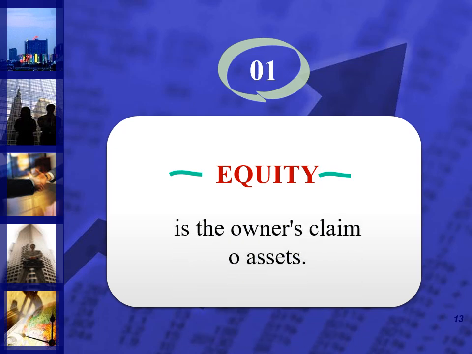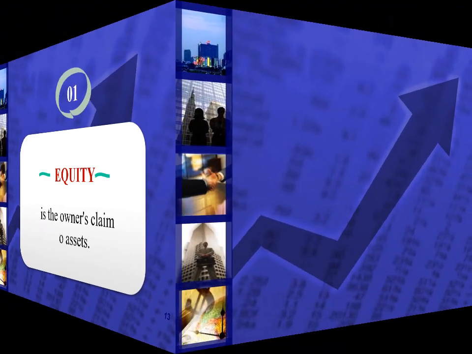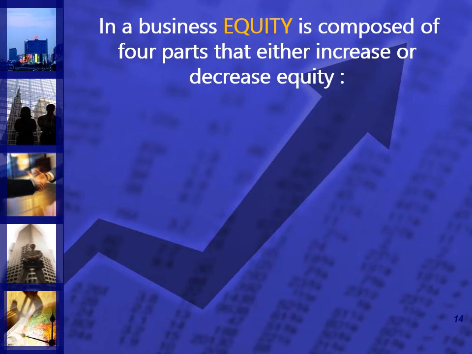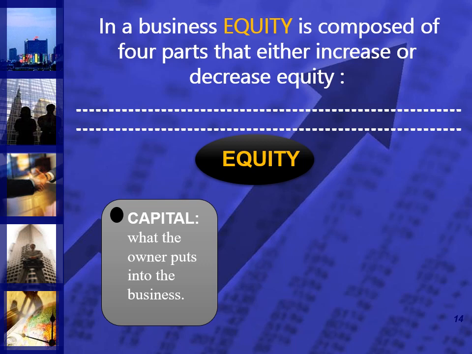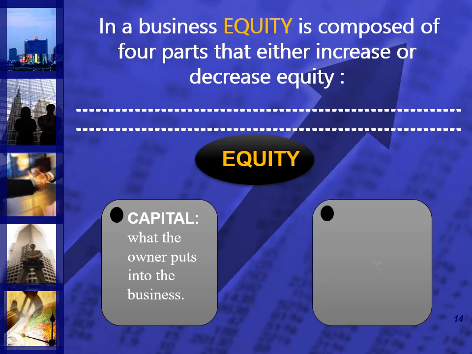What again? Equity. What is an equity? Anybody? Next. In a business, equity is composed of four parts that either increase or decrease equity. We have capital, what the owner puts into the business.